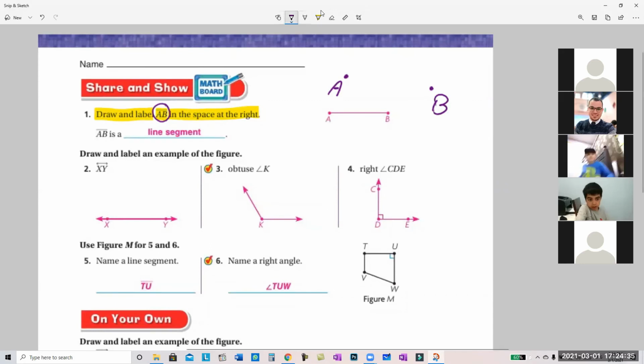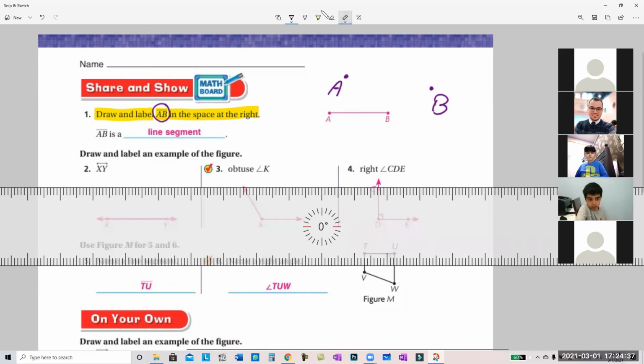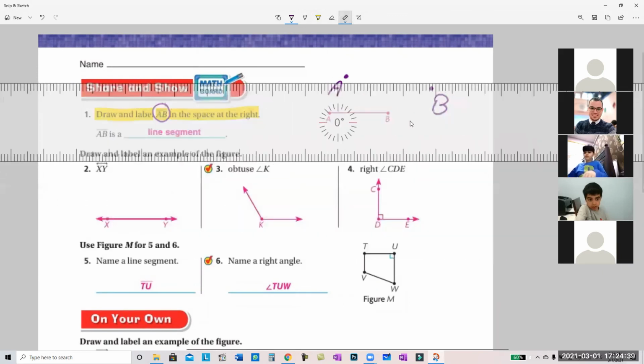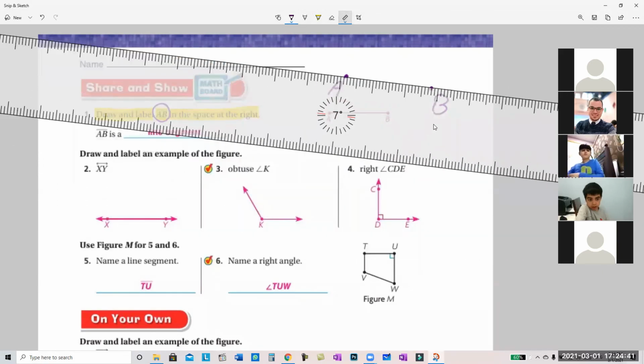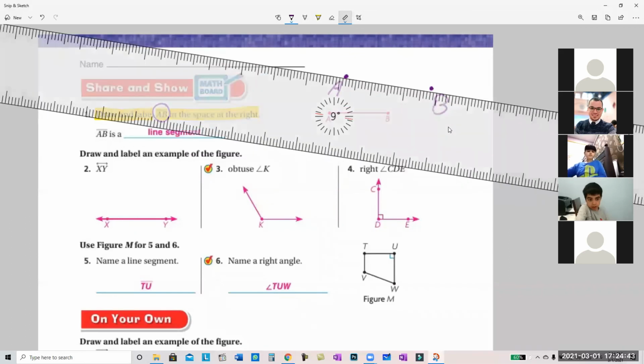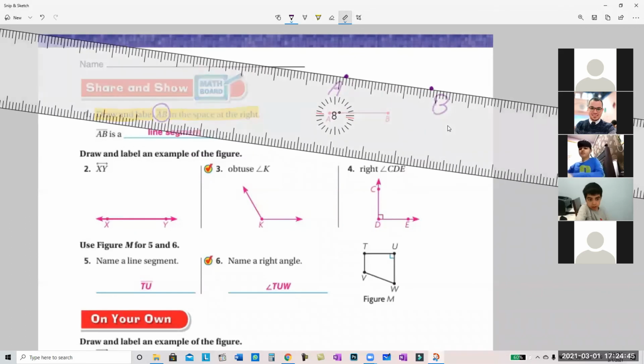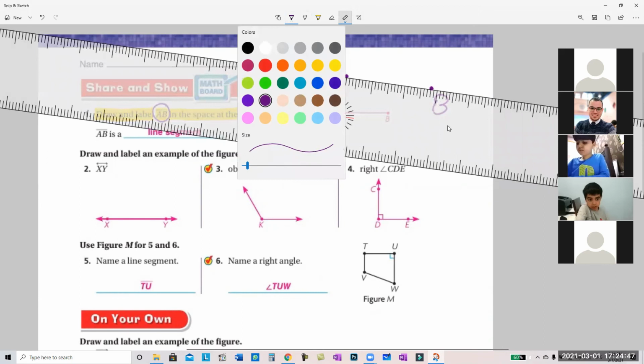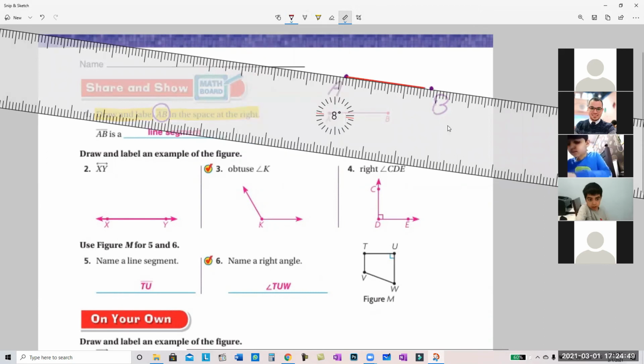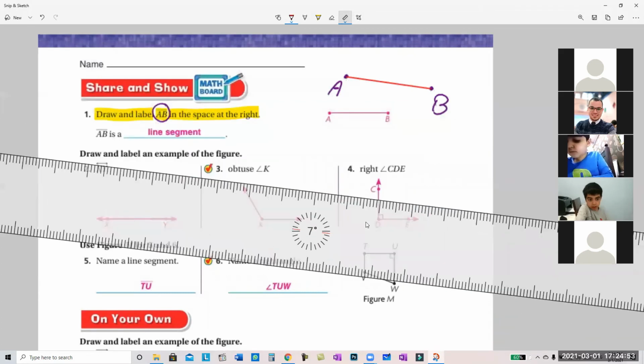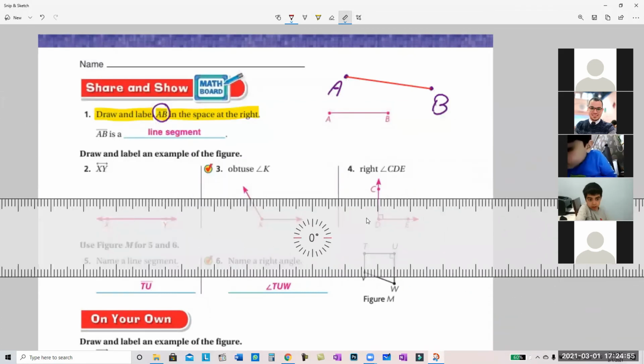And after that, take your ruler and adjust it to join them together, as you see here, and join them. So that's it. We have line segment AB.